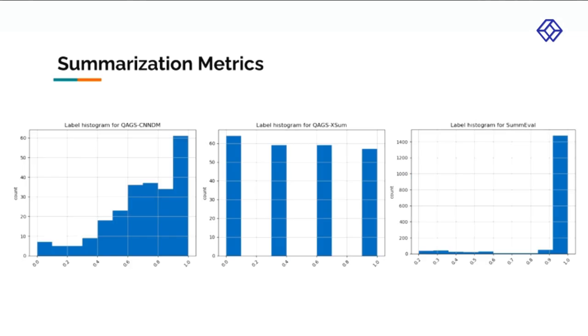So when we look at the distribution of the labels, we notice that, okay, there's some granularity for the CNN Daily Mail, but for XSum, there's basically just 4 values, and for the label histogram, there's fewer. I believe it's like 12 values, and overwhelmingly they're all in that higher category.